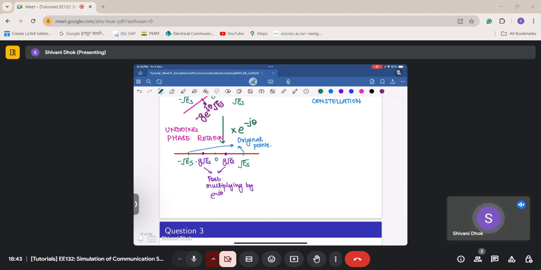Now I have a constellation which is of the same format. I'm happy. With this also I can go ahead and do detection rules, just the comparison point will be different. Along with that, if I divide it by g, then I'll get back my original constellation.